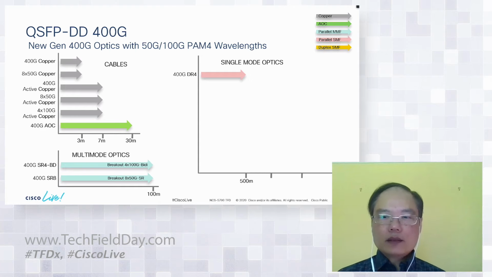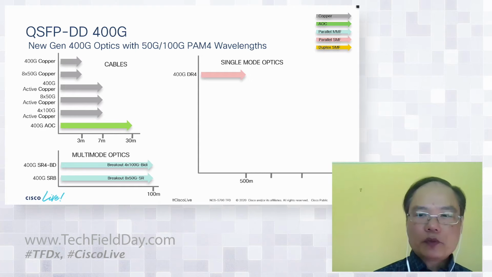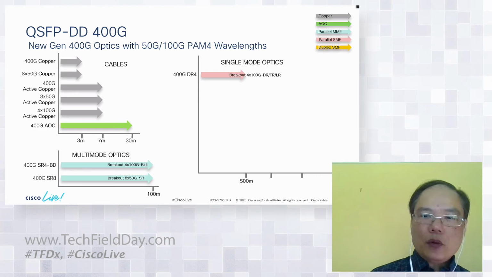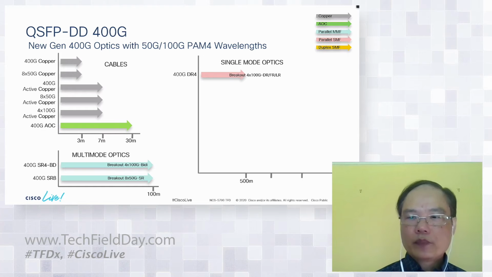For single mode optics, the DR4 supports up to 500 meters. This one is also a parallel optics, and therefore it can be broken out to 4 by 100 gig DR, FR, or LR, but limited to 500 meters.